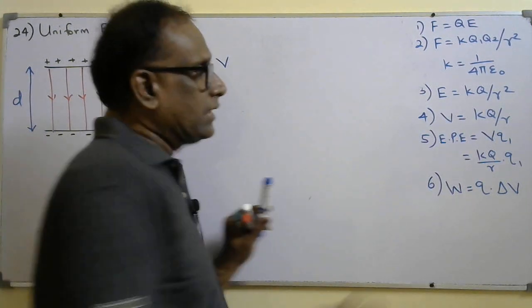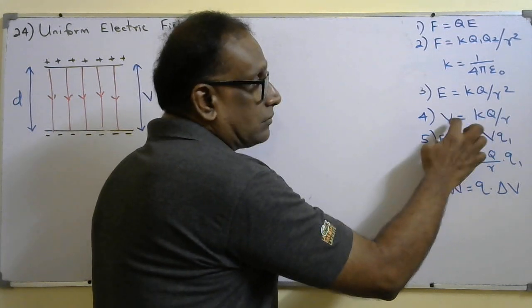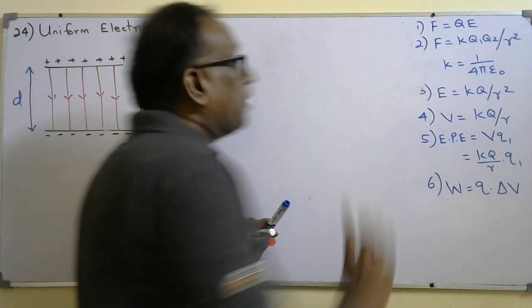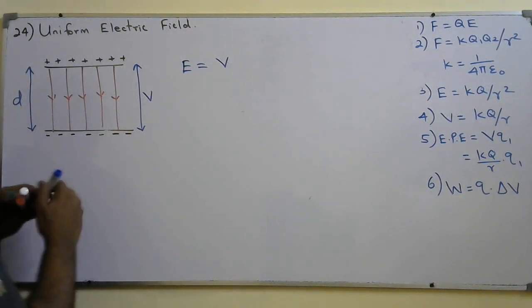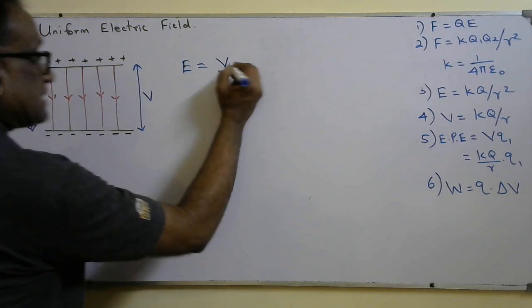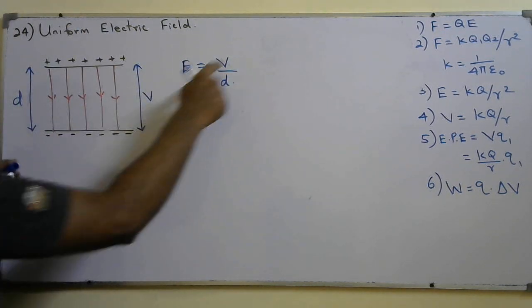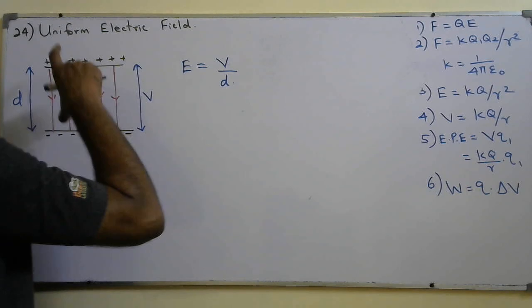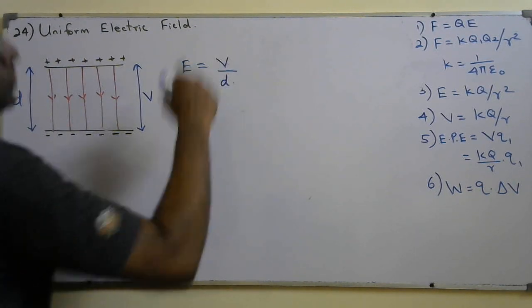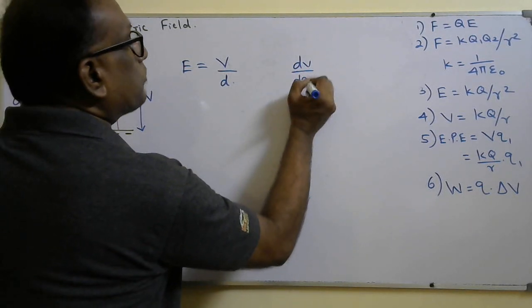Students make mistakes here. But here, E equals V over d, where V is the potential difference between the plates, not the potential. That is dV over dx, the potential gradient.